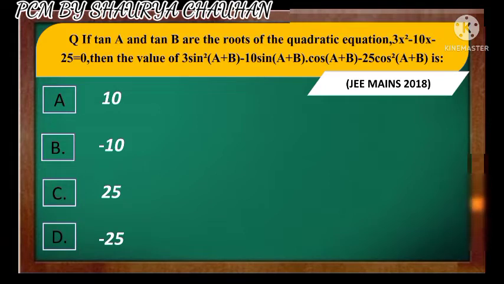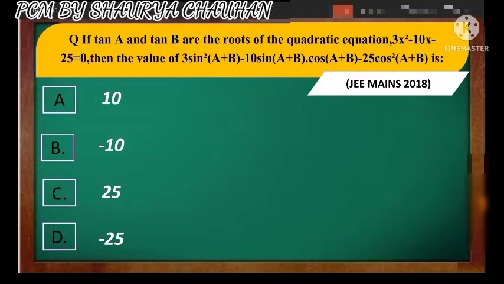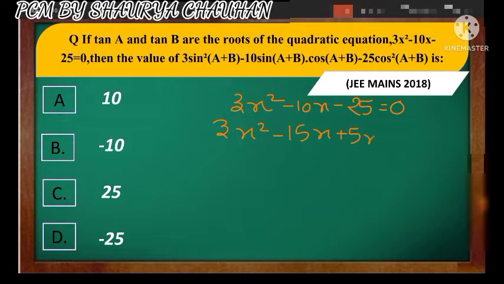Firstly, we have to find a and b to solve this. Now, the equation is 3x square minus 10x minus 25 equals to 0, and the values of x are 10a and 10b. So firstly find the roots of this quadratic equation, means the values of 10a and 10b. By splitting the middle term we can find it. So it will become 3x square minus 15x plus 5x minus 25 equals to 0.